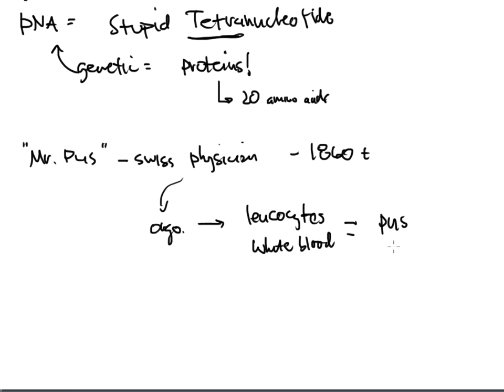He would collect the pus bandages. Kind of disgusting, right? I mean, could you imagine this guy going around every other day, going to these hospitals and saying, "Could I have the pus bandages from your patients?" But this is exactly what he did.